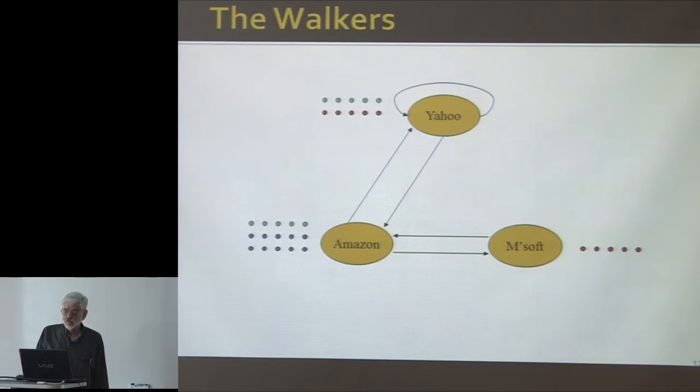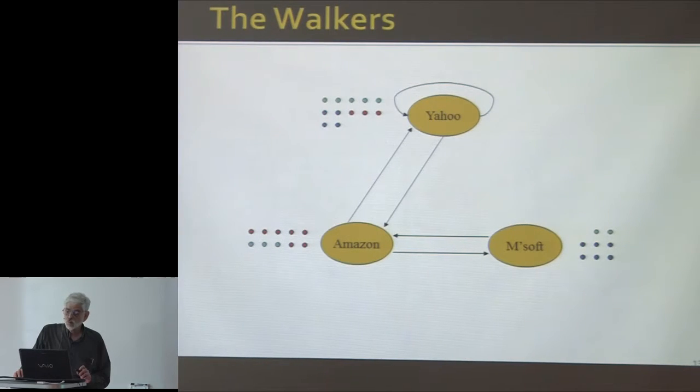So in one step, for example, all the blue Microsoft guys are now at Amazon. Half the green Yahoo guys, half are still at Yahoo, half are at Amazon, and so on. The red Amazon guys, half are at Yahoo, half are at Microsoft.